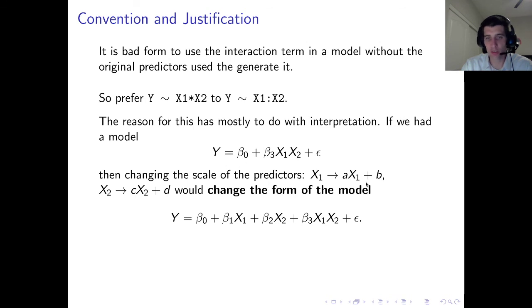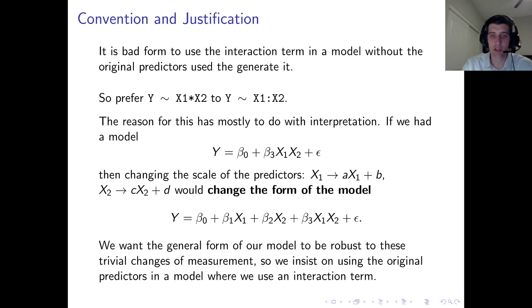If you change the units of the predictors like this, you actually change the form of the model, because with ax plus b, you can plug the b terms in and expand. You end up with coefficients for x1 terms, x2 terms, and their interaction. This is counterintuitive, because we want the general form of our model to be robust to rescaling the units of the predictors. If we rescale in this affine way, we want to keep the original form of the model.